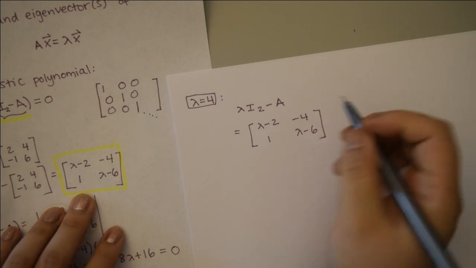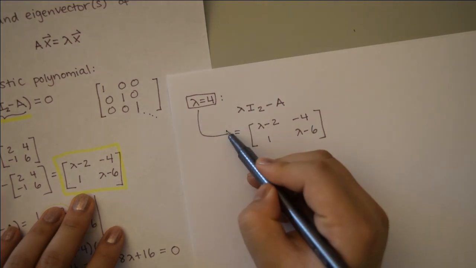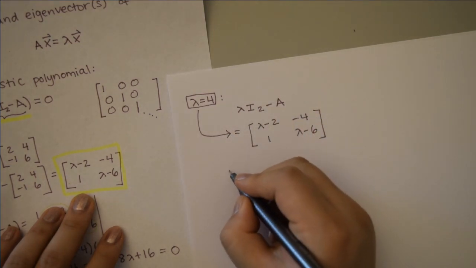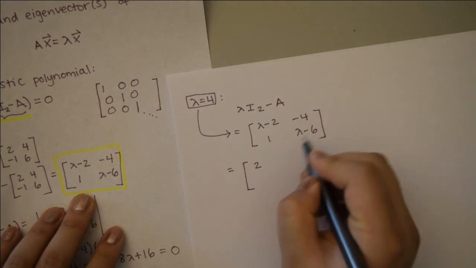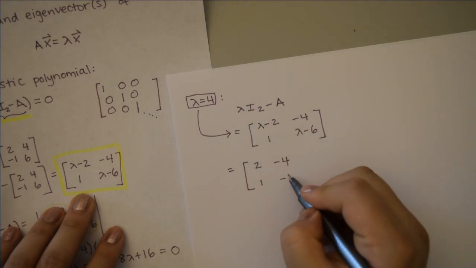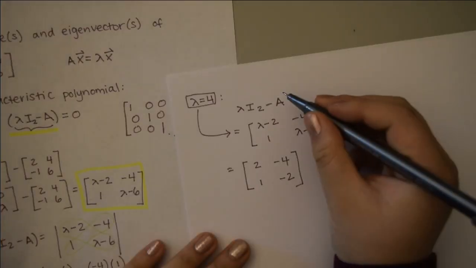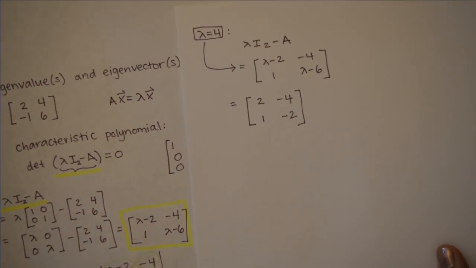And I will go ahead and plug 4 into my lambda here. So I would get 4 minus 2 is 2, negative 4, 1, and then 4 minus 6 is negative 2.